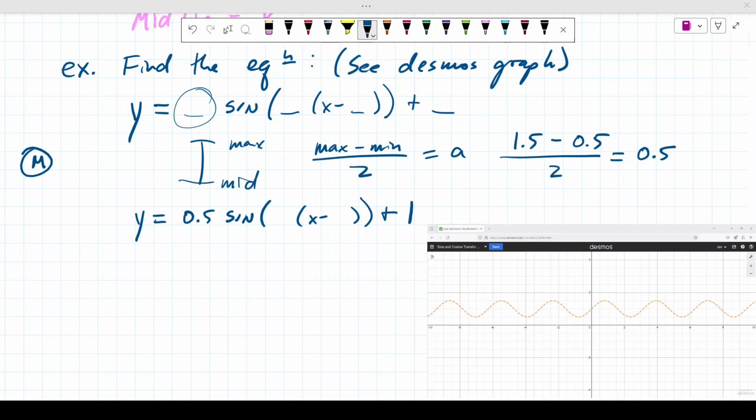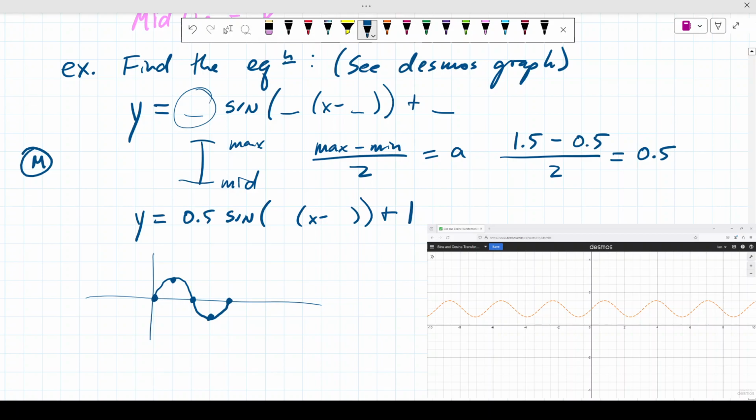What else? Well, how about Q? Has there been a stretch or compression? I'm going to look at (0, 1) there. That's a key point for me because for the sine curve, I've memorized: (0, 0), (pi over 2, 1), (pi, 0), (3 pi over 2, negative 1), (2 pi, 0). This is how I've memorized the sine curve as it comes from the first revolution around a circle.